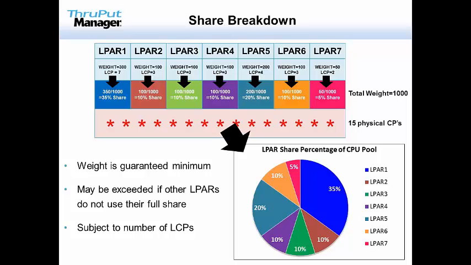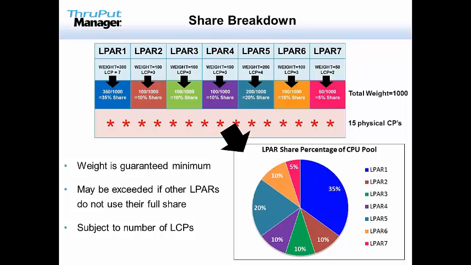So what does this mean in simple terms? And here I'm really talking about a pre-Hiperdispatch world. Effectively, the 35% means you have 35% of what I'll call the CPU pool, 35% of the 15 physical CPs illustrated at the bottom of the box there.